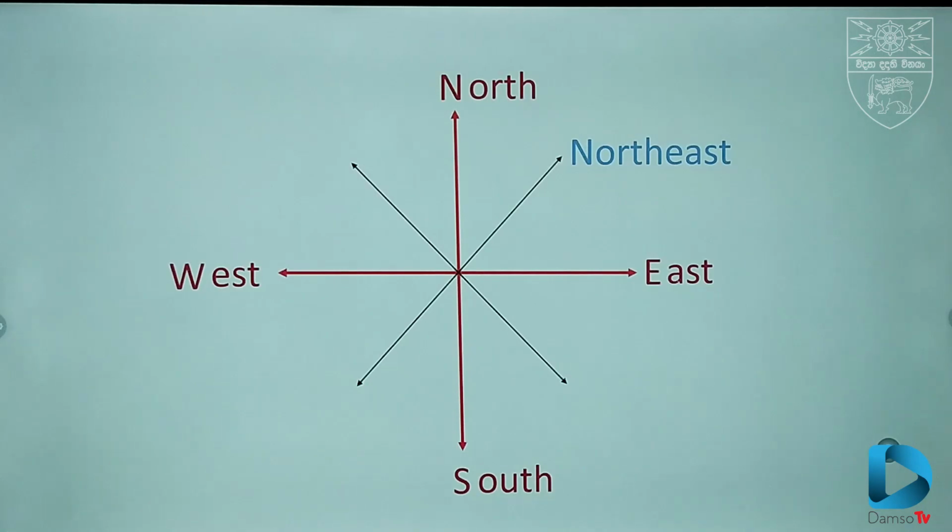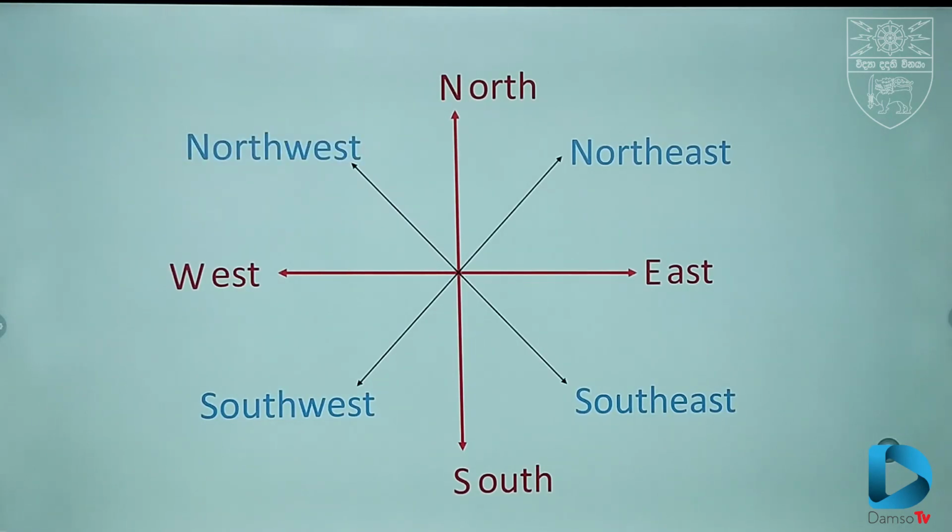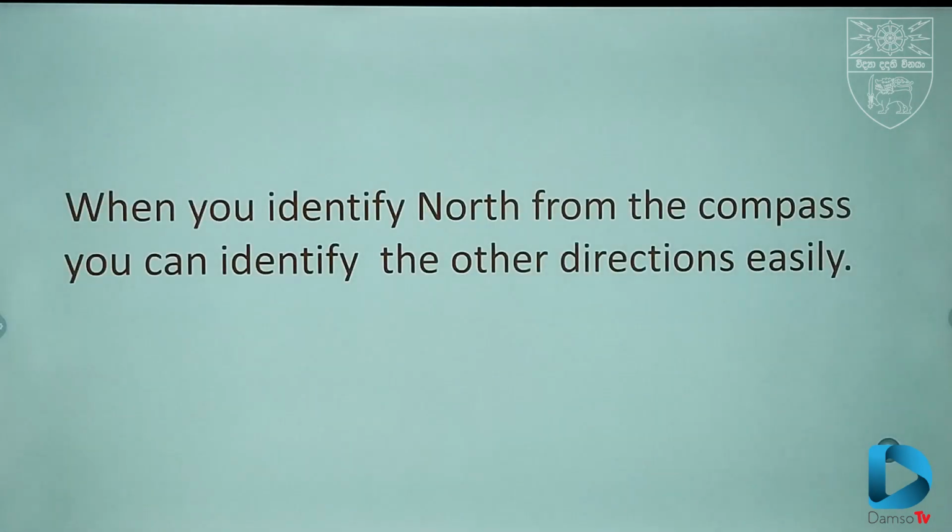The direction between south and east, that is southeast. The direction between south and west, that is southwest. The last one, the direction between north and west, that is northwest. When you identify north from the compass, you can identify the other directions very easily.